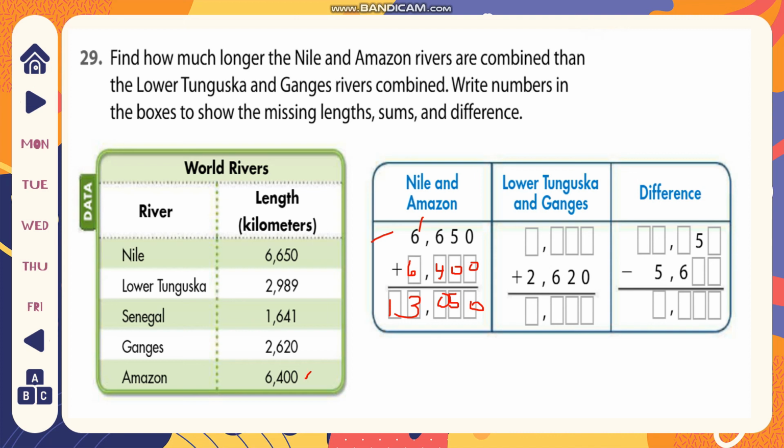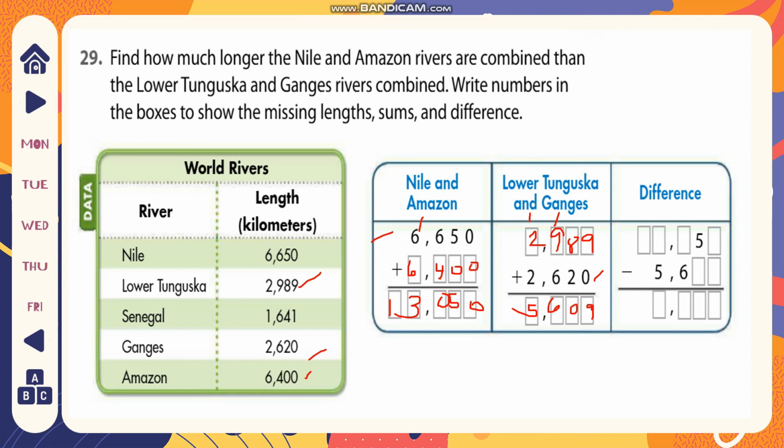So the lower Tunguska and Ganges is 2,620, so the lower Tunguska is 2,989. So since the operation is addition, 9 plus 0 is 9, 8 plus 2 is 10, regroup 1, 9 plus 1 is 10 plus 6 is 16, regroup 1, 2 plus 2 plus 1 is 5, so 5,609.